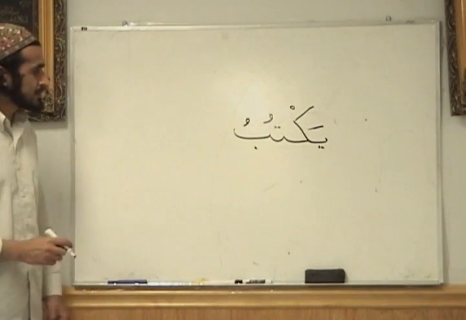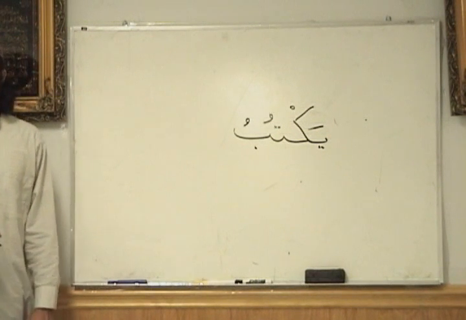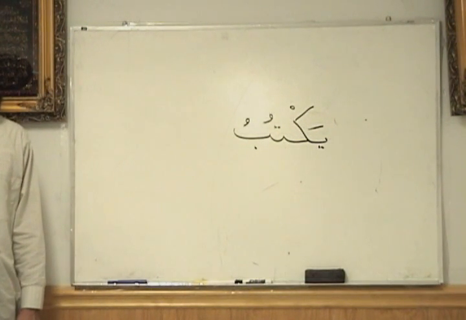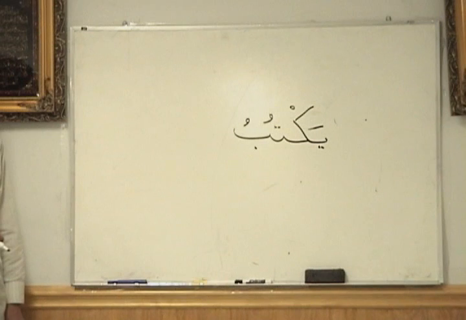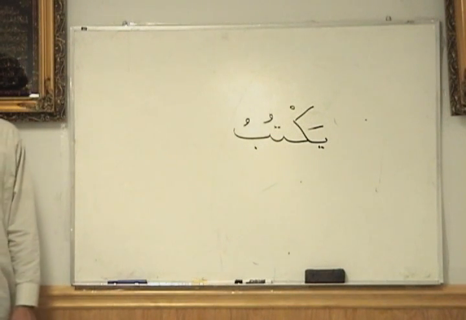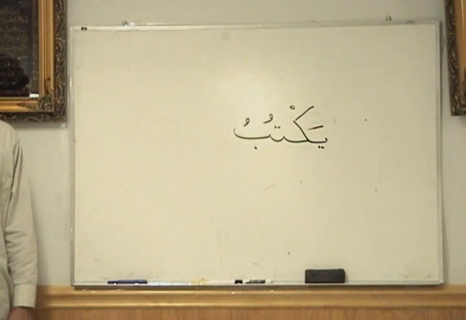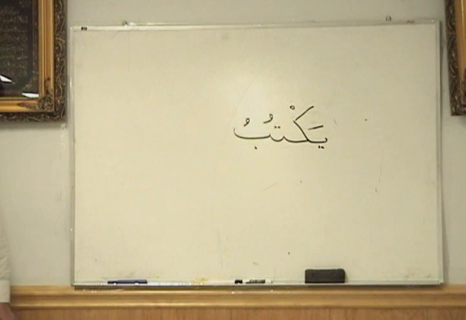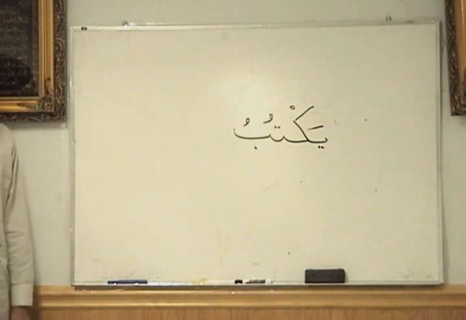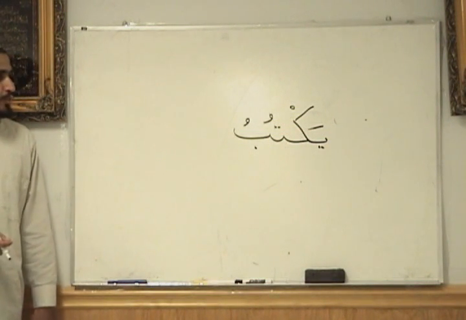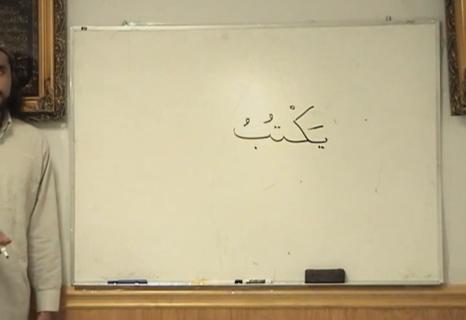Yaktubu. What does yaktubu mean? He writes. Is this ma'ruf or majhul? Ma'ruf, because the doer of the action is the subject. He writes. So to change it to majhul, what two steps do you need to take?